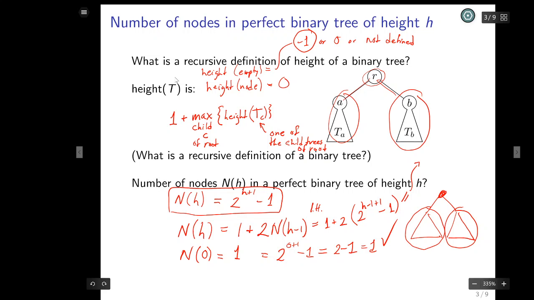So this is 2 to the h minus 1 times 2. So this is 1 plus 2 times 2 to the h minus 1, and that's 1 plus 2 to the h plus 1 minus 2, which is 2 to the h plus 1 minus 1, and that's exactly what we wanted. So it's easy.